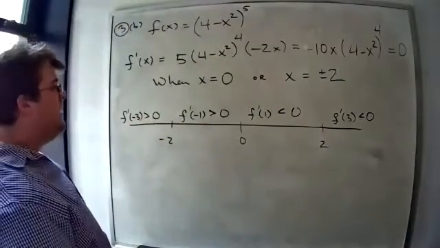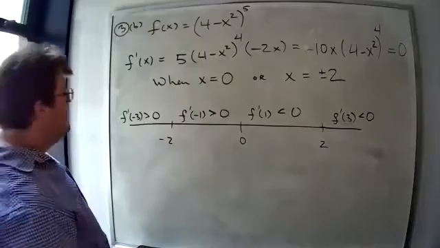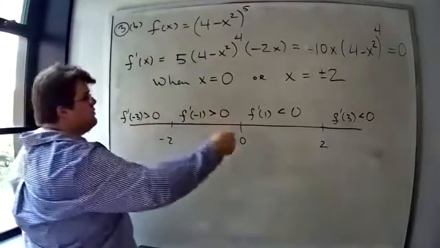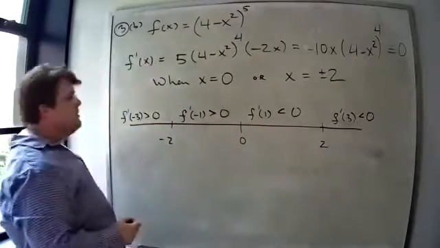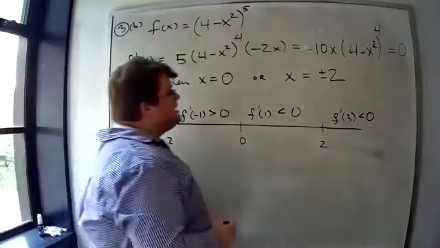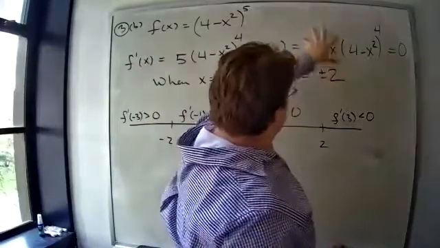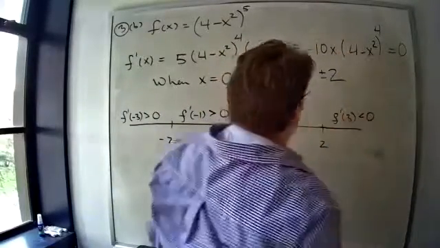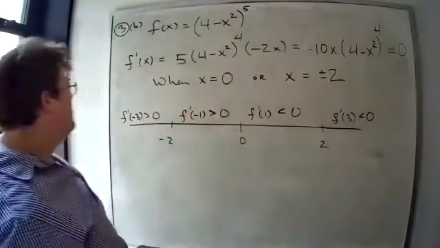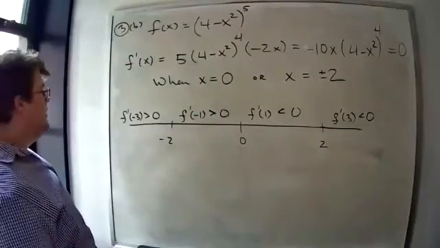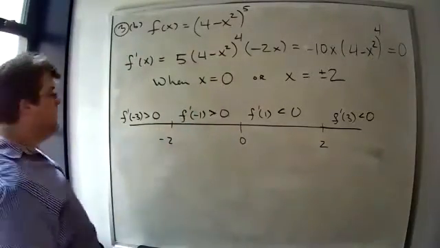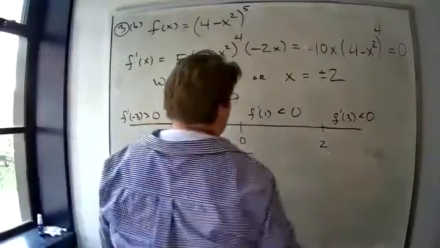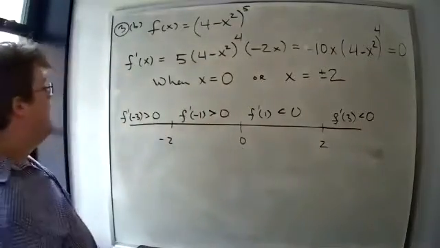So you could make that slight shortcut observation, or you could substitute these numbers and you'd get the same thing. So for -1, you would get -10 times -1, so positive, times 4 minus 1, all to the 4th, which is positive. And similarly for the others, you'd get a negative to the 4th, which is positive.